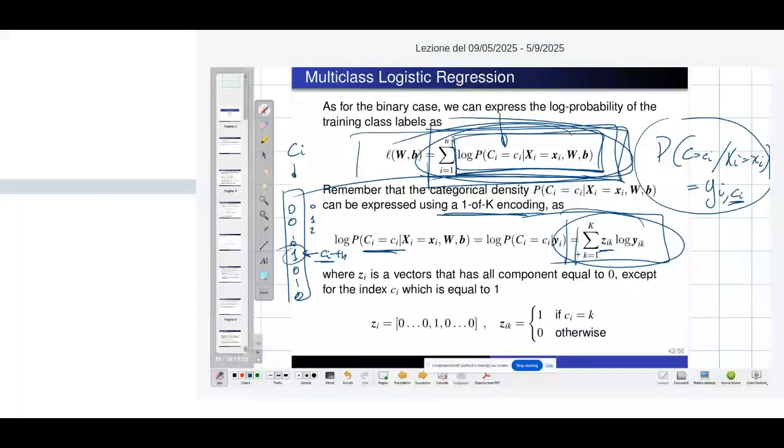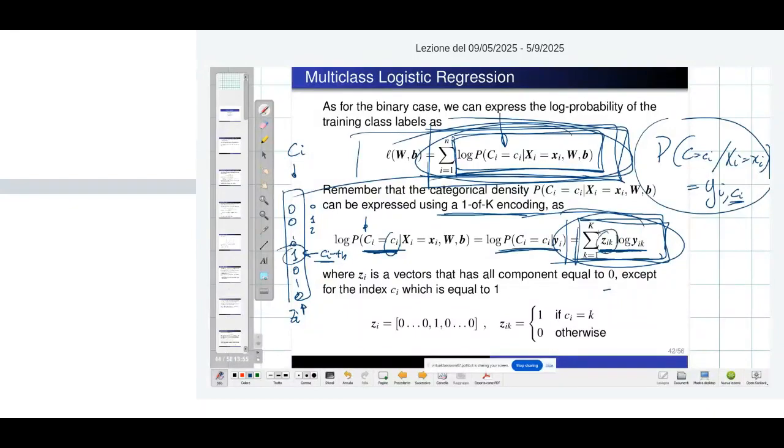Then, if we have a single 1, we can represent the log probability that the categorical random variable is equal to Ci as the sum over all classes of the Zi vector associated to the class Ci times the log probability of the corresponding class. Again, this is the log probability of the class being Ci.